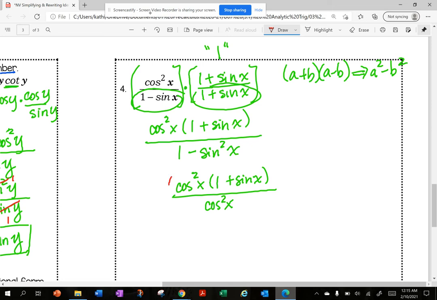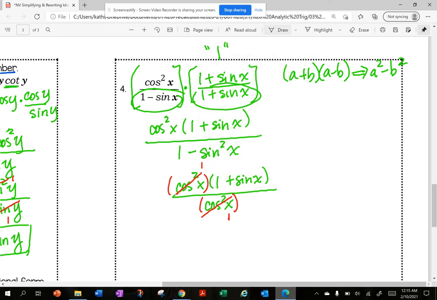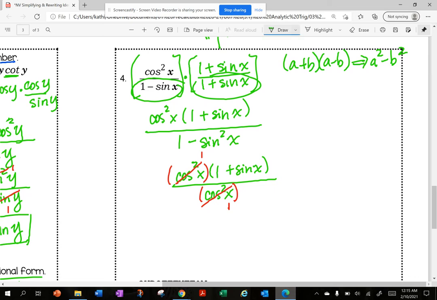And anything divided by itself is 1. So I can simplify when I'm multiplying out, not when I'm adding or subtracting. So I'm left with 1 plus sine of x.